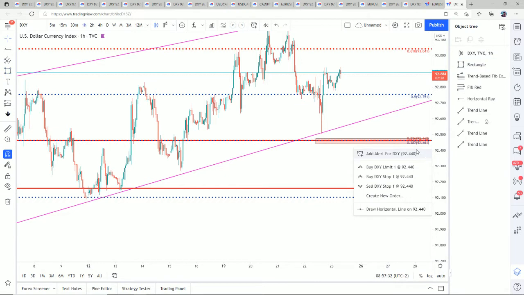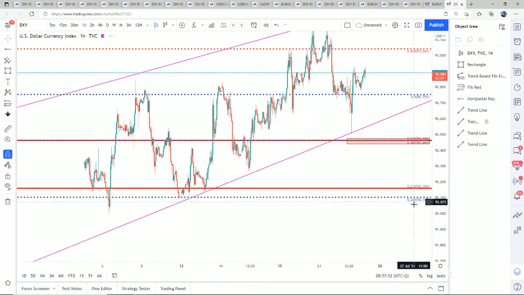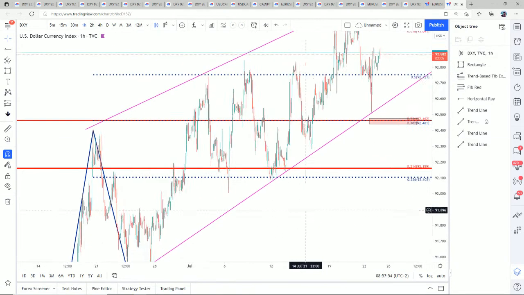With the double fib, we have the 236 of the red move, and we have the 38.2 of the ABC up. So that's important. And same thing down here, we have the 214 fib of the red move, and the 236 of the ABC, which is very important.